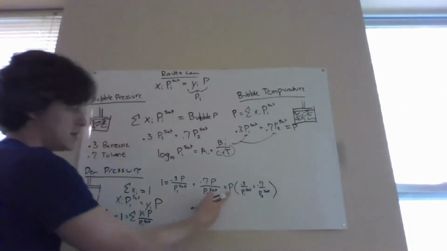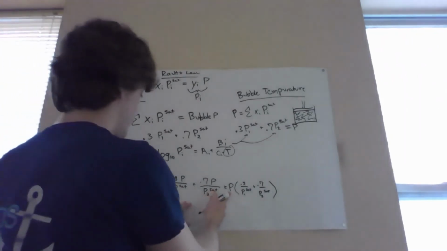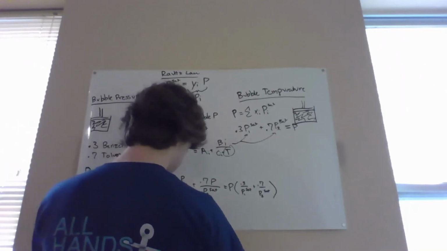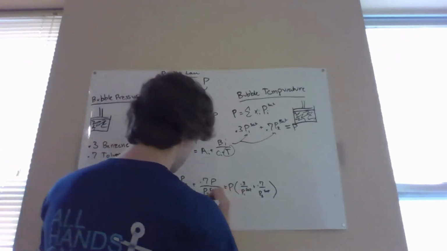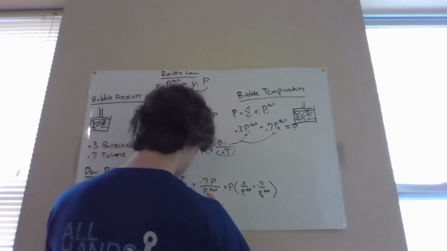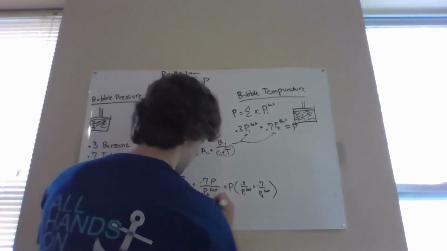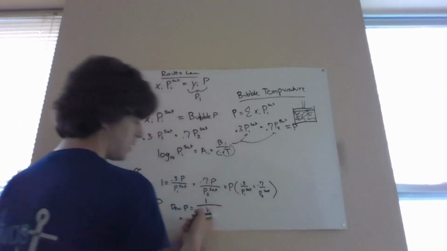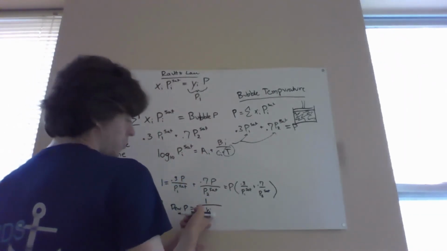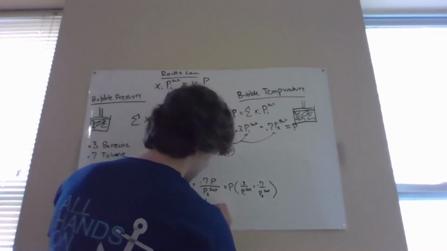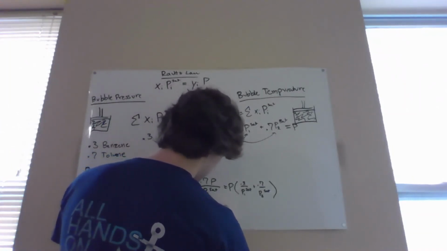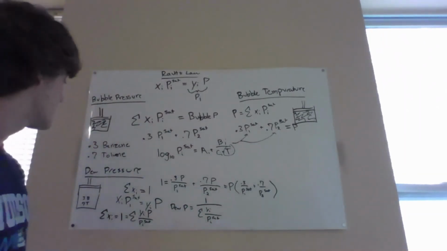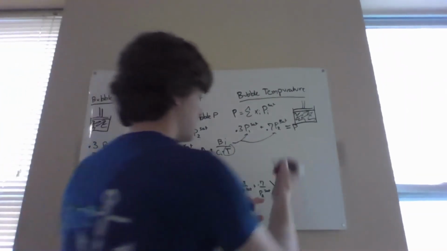And then from here, it's quite easy to solve for the pressure. So our equation for our dew pressure will be equal to 1 over the sum of our vapor mole fraction of each component divided by each component's saturation vapor pressure.